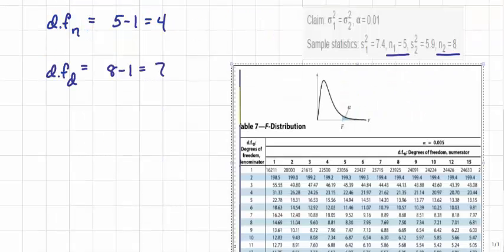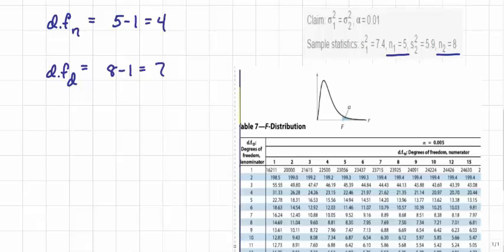Alright, so this is the F table, and we're going to be looking for degrees of freedom for alpha equals 0.005. The degrees of freedom in the numerator will be 4, so it'll be this column here, and the degrees of freedom in the denominator will be 7, so it'll be this row here, and this right here is the test statistic of 10.05.